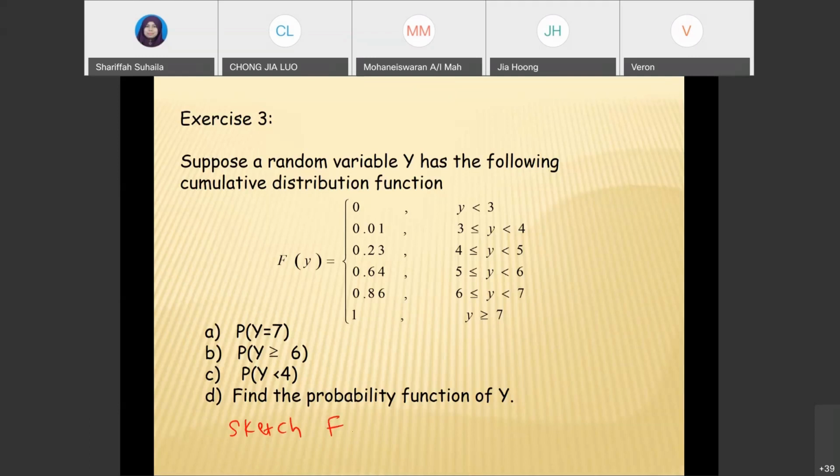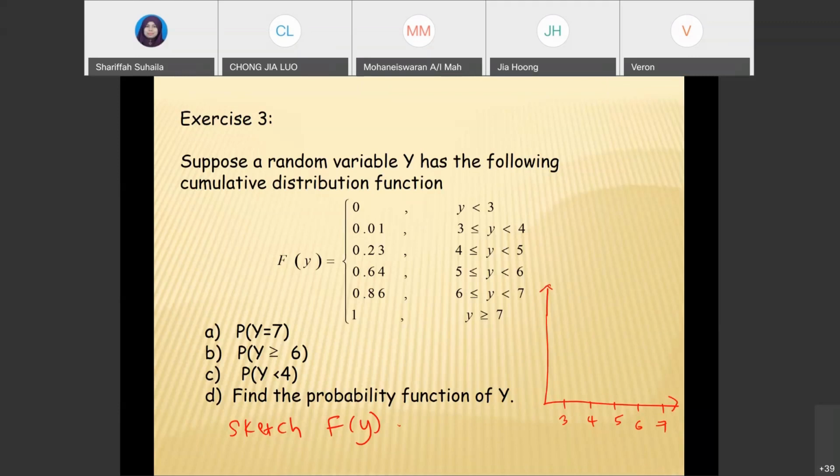Okay, we know that if it is discrete, it is a step function. So how is your step function? Okay, let's do it together. Roughly, let's say we have 3, 4, 5, 6, 7.